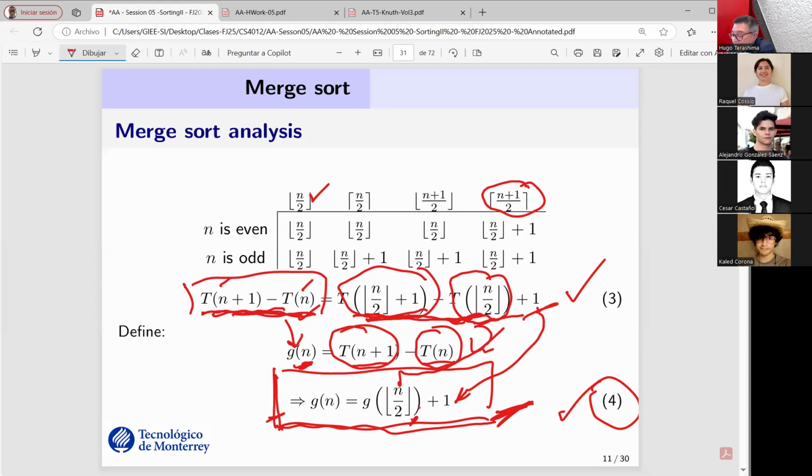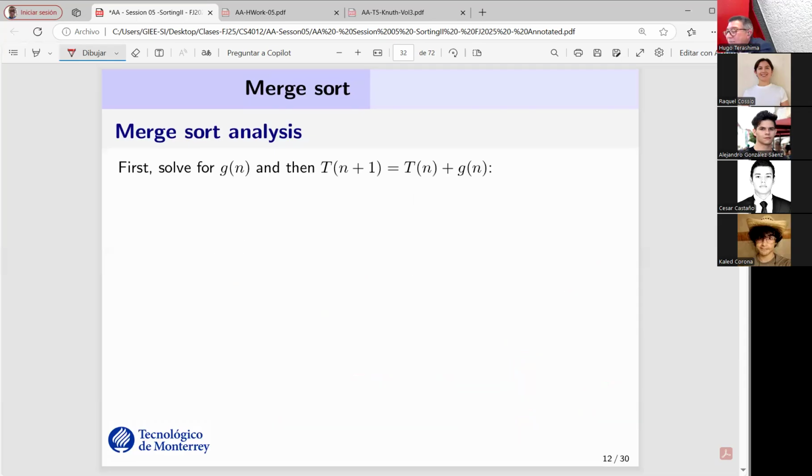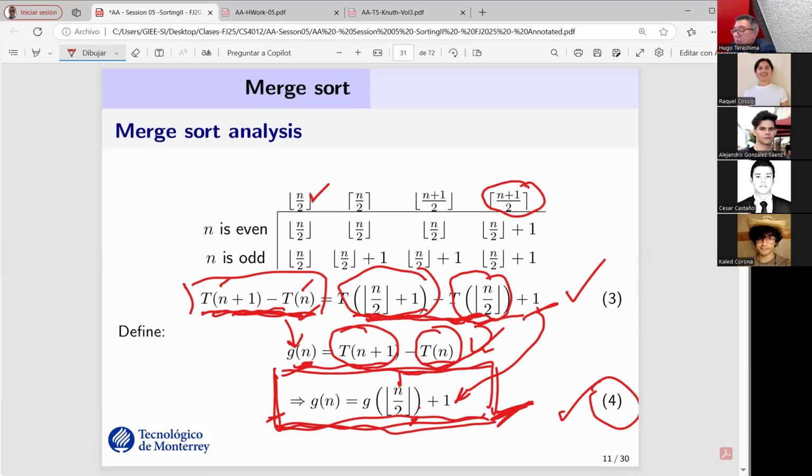So I have this equation, and you see, do you think you can solve this equation? G of n is equal to g of n over 2 plus 1. Well, let's do it. We need to solve for g of n first, and then g of n plus 1, as you see here, is equal to what?